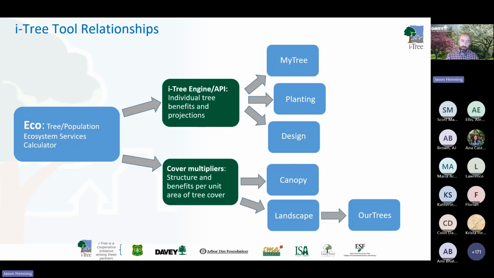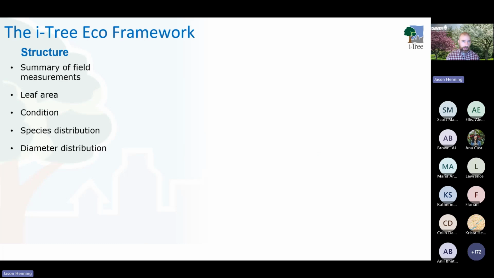So everything starts with iTree Eco, so that's why we're covering it here last, so you can see how that leads into everything else we do. But there is a whole lot more in Eco. There's a whole lot more granularity and detail that you can provide, and there's a whole lot more that you can get out of it. So hopefully we can introduce you to some of that today.